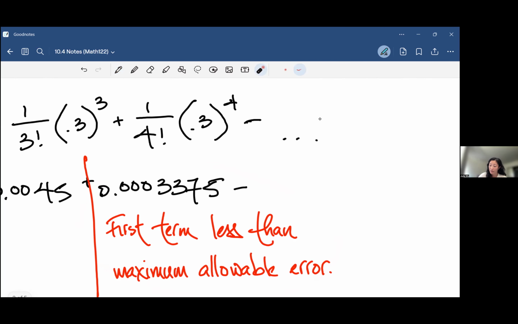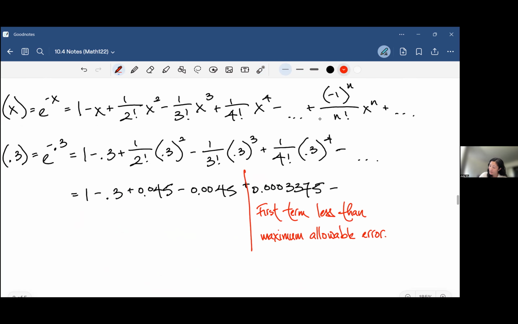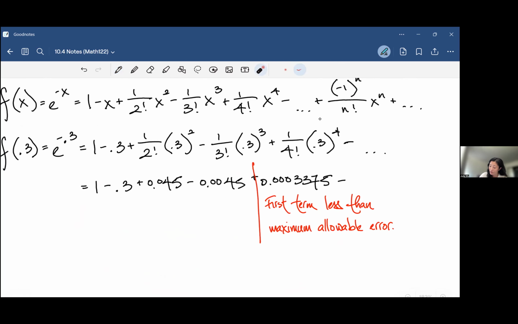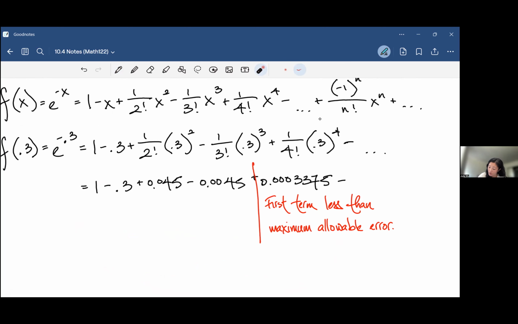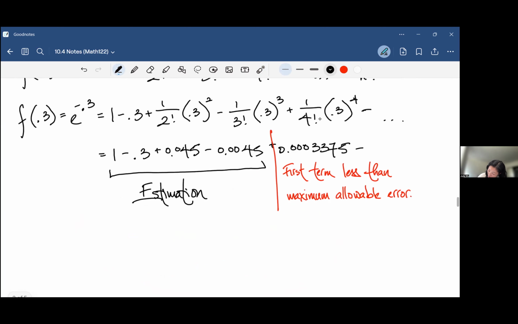If you don't want an error of more than 0.0005, this is the first term that's less than that. What that means is, to get your estimation, you just add up the first 4 terms. So this will be our estimation: 1 minus 0.3 plus 0.045 minus 0.0045.